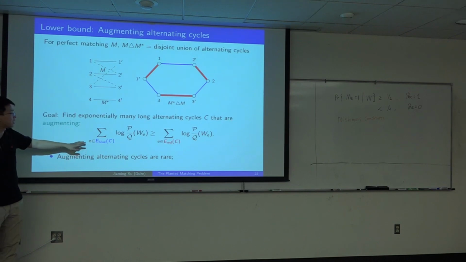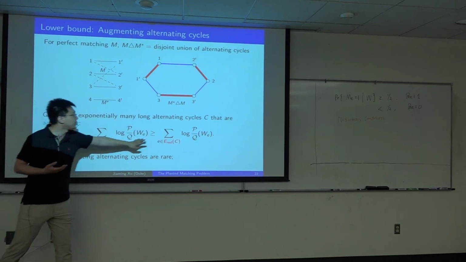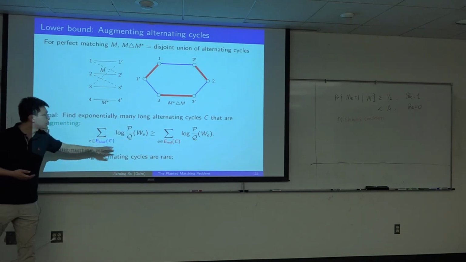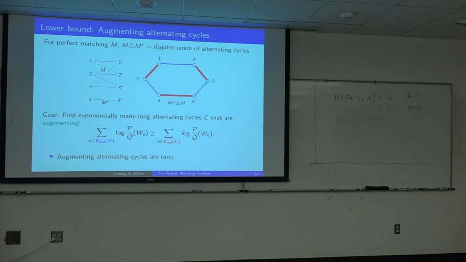In fact, in our first moment analysis, in the maximum likelihood estimator analysis, we showed this probability is upper bounded by the Bhattacharyya coefficient, that kind of stuff, right? So that's why this augmenting property is rare. But the good thing is that we have many such alternating cycles to consider, right? So hopefully we can still find many.